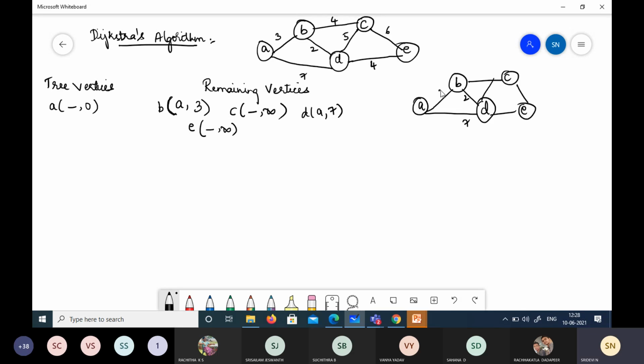I will not be expecting a very neat diagram from you, but a diagram should be there. The illustration should be there.